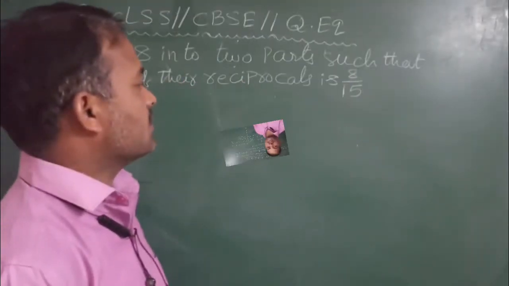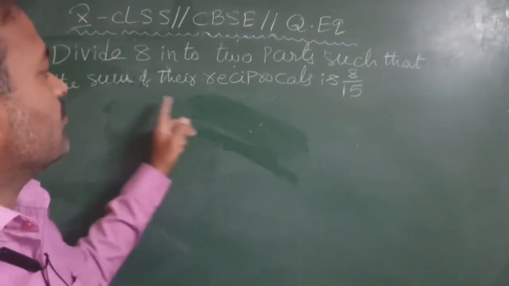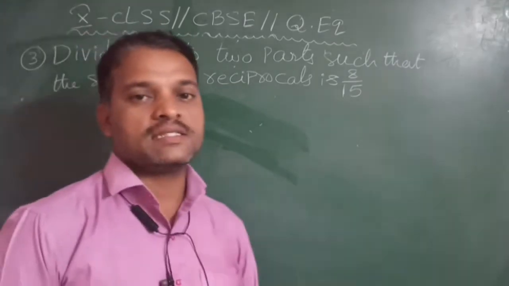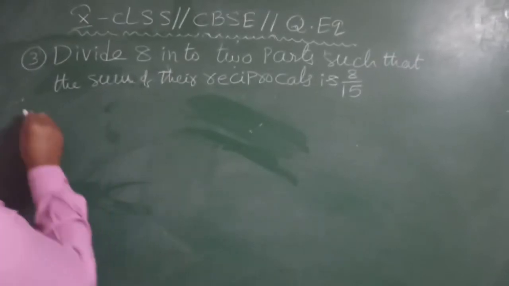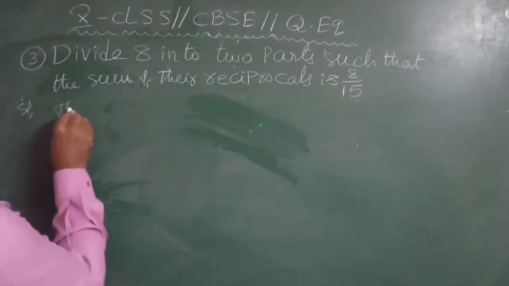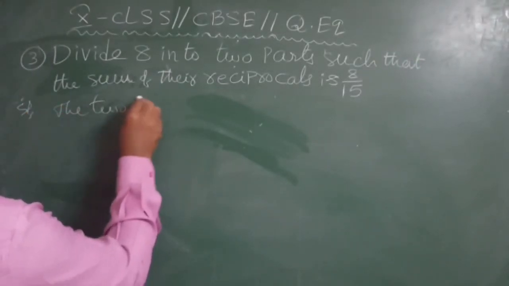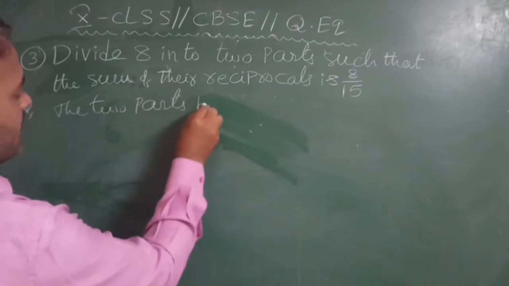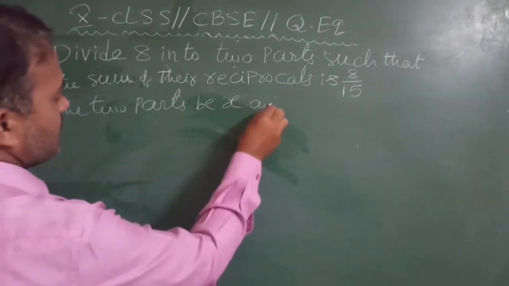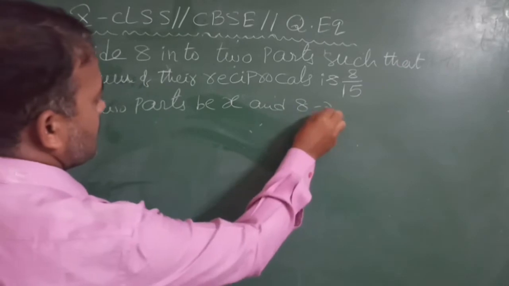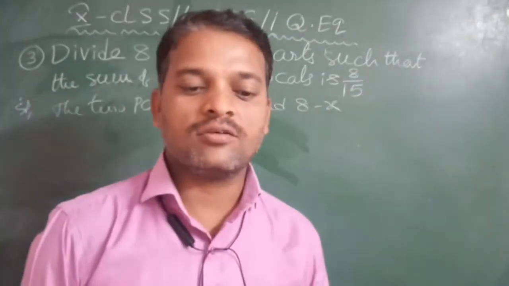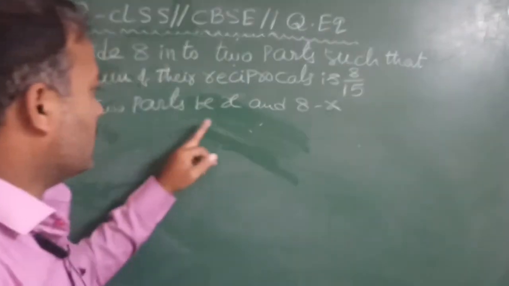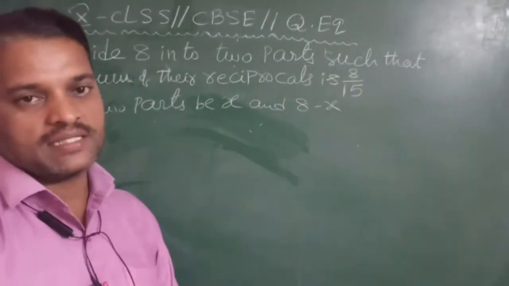Okay, so now the next problem: divide 8 into two parts such that the sum of their reciprocals is equal to 8 by 15. One of the parts I am taking as x, and another one is 8 minus x.